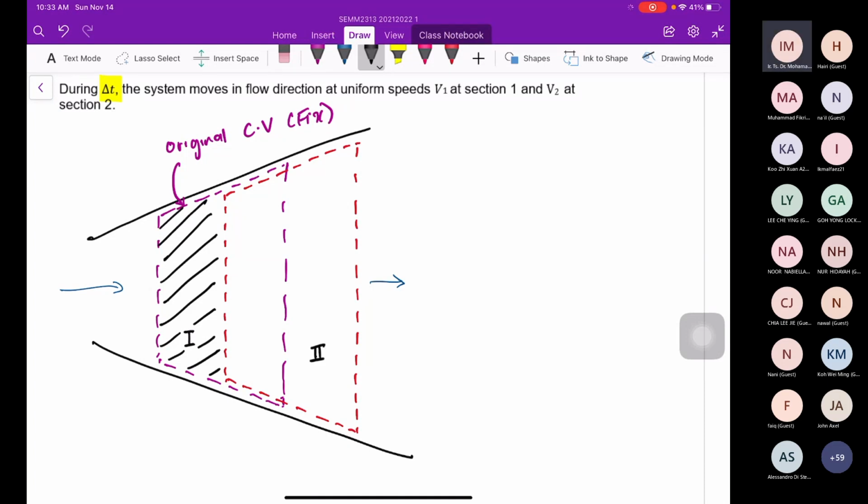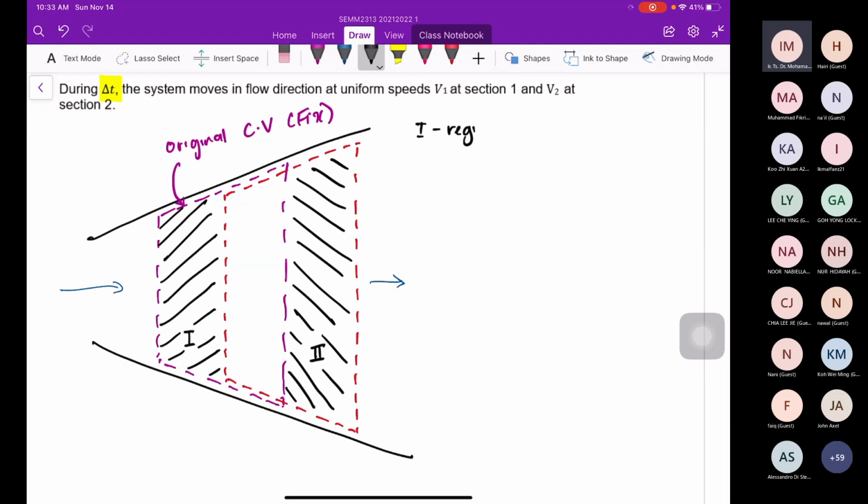This is section 1 and this is section 2. So this region I is the region uncovered during delta t. Of course, it is uncovered.